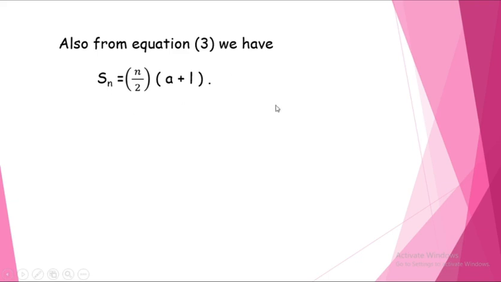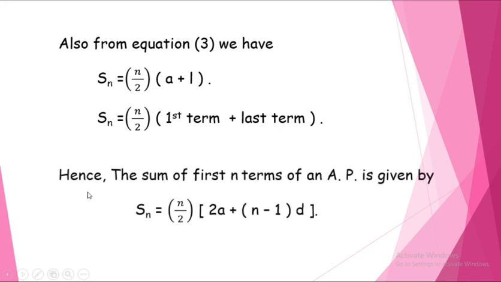Hence this expression can also be written as Sn is equal to n by 2 into first term plus last term. This is another formula for finding the sum of first n terms, and here we have derived that the sum of first n terms of an AP is given by Sn is equal to n by 2 into bracket twice A plus n minus 1 into D.